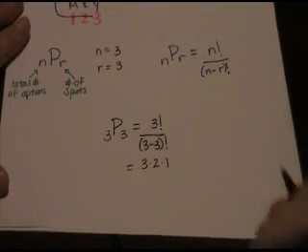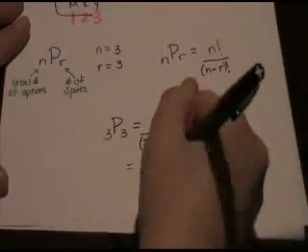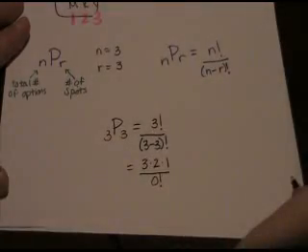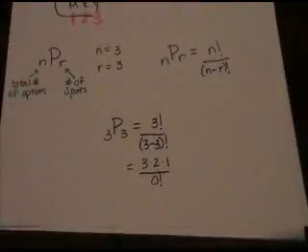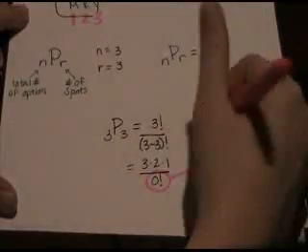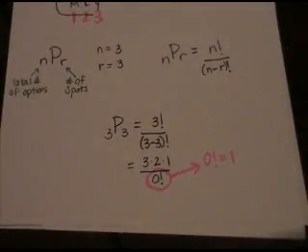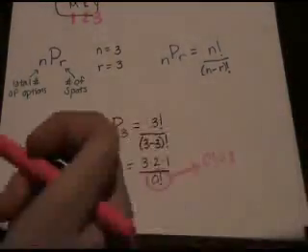In the denominator, 3 minus 3 is 0. 0 factorial, and make sure to make a note of this, 0 factorial always equals 1. That's a big deal.